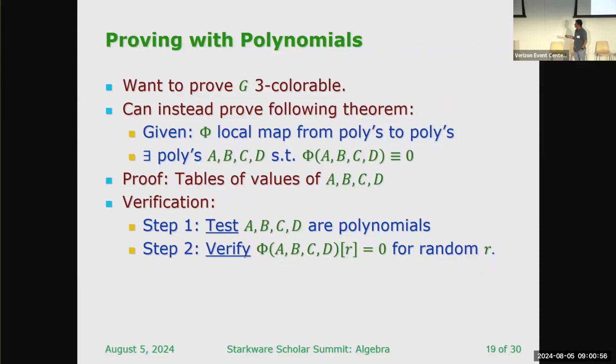In order to verify the proof, all you have to verify is that some local operator on A, B, C, and D, and I'll describe the operator on the next slide, produces a polynomial in 3 variables. If this polynomial turns out to be the identically 0 polynomial, then we know that the original graph was 3-colorable.